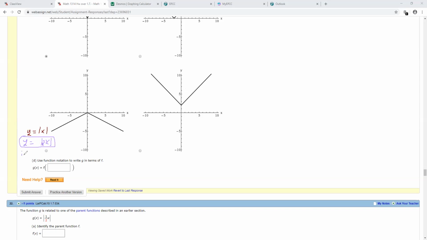So instead of f of x equal to absolute value of x, the change is now, what did they do instead of the x right here? They changed it to a what? A division of 2.